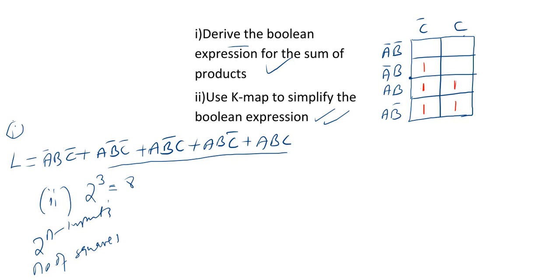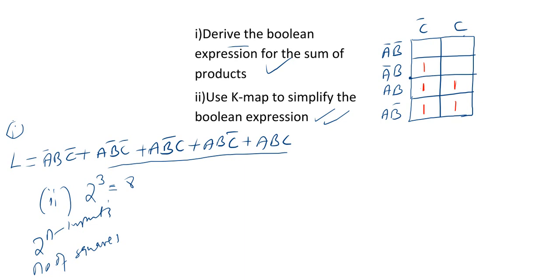So from that point now, after mapping the expression by indicating 1 in every square that is represented by our terms, you look at the complete loops in the K-map.